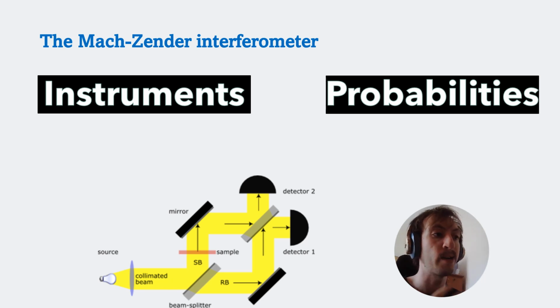Now, to get an understanding of how the Bohm thing works, it's helpful to think of an interferometer more traditionally, where we don't have a Bohm, we have a sample. The sample in this case is between our beam splitter and our mirror. The sample has the potential to interact with our photon, and because it will slow the photon down, if we're thinking of the wave-like aspect of the light, it won't have covered the same amount of the wave cycle it would compared to if the sample wasn't there.